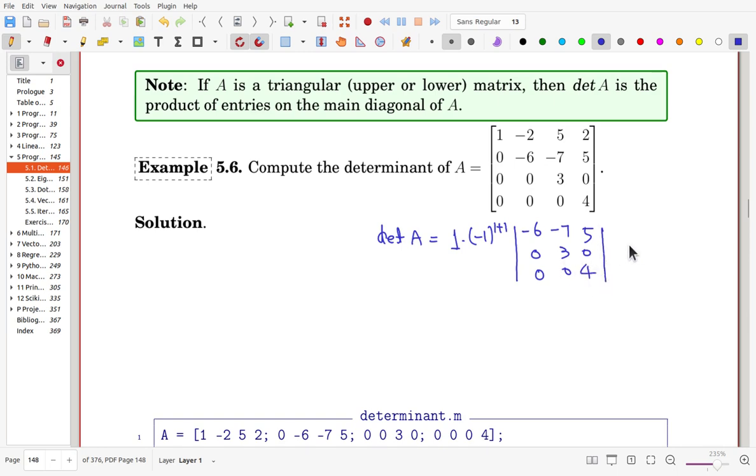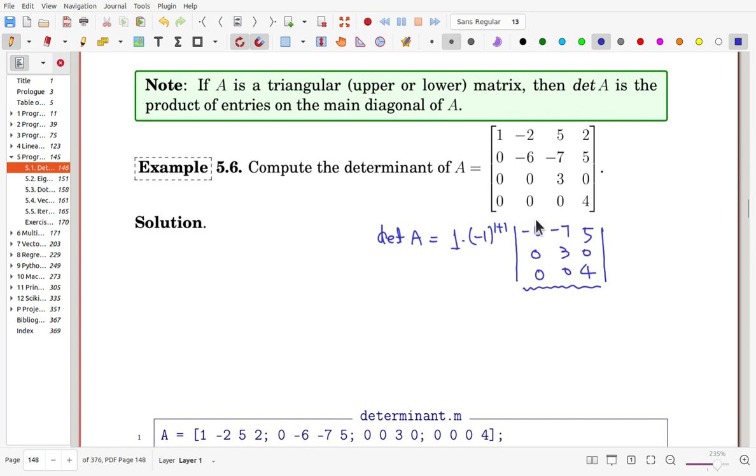And for the other cofactors, we don't have to worry about them. Here, 0, 0, 0 will be multiplied, so they'll make no contribution.